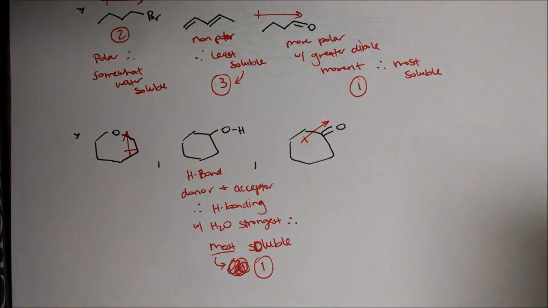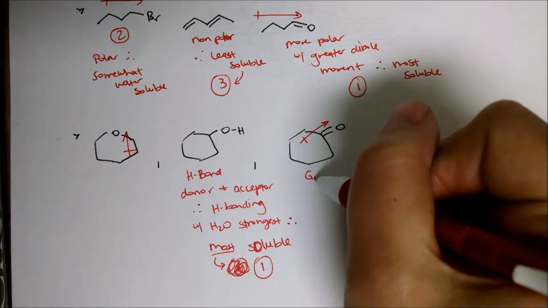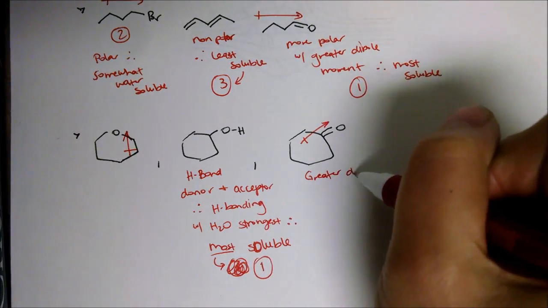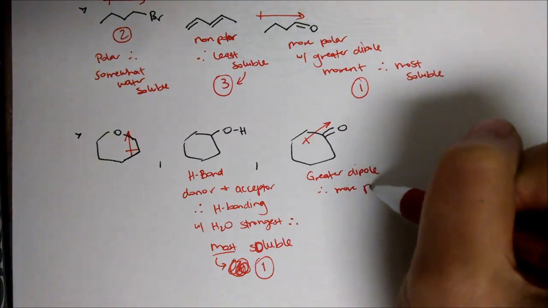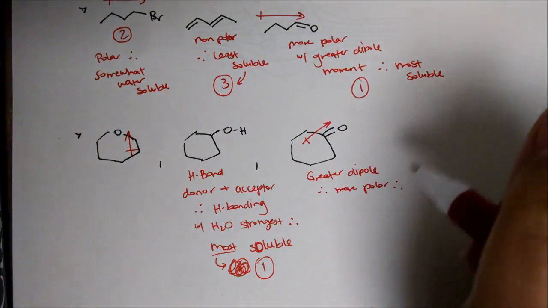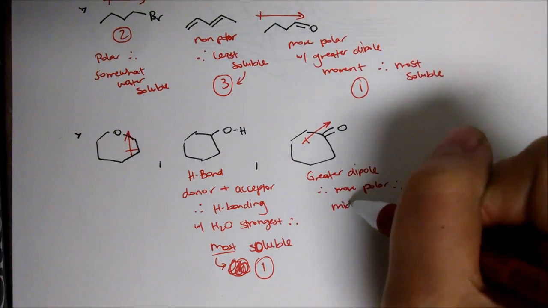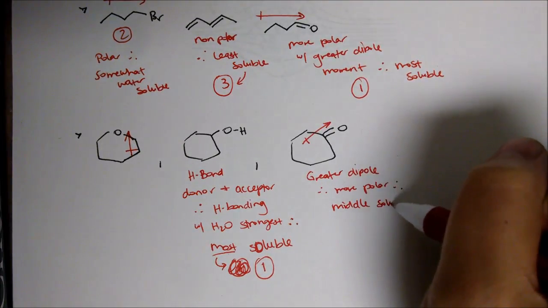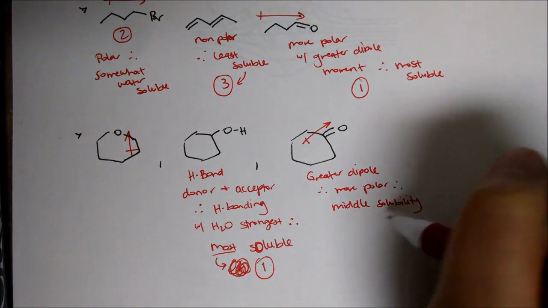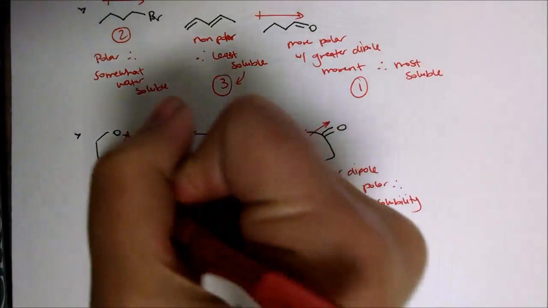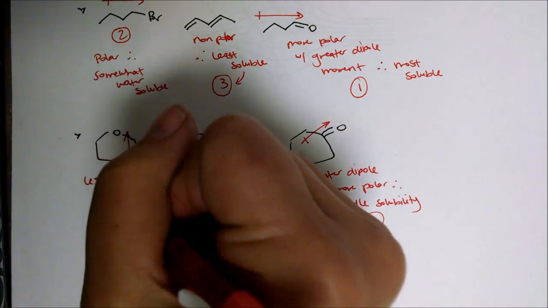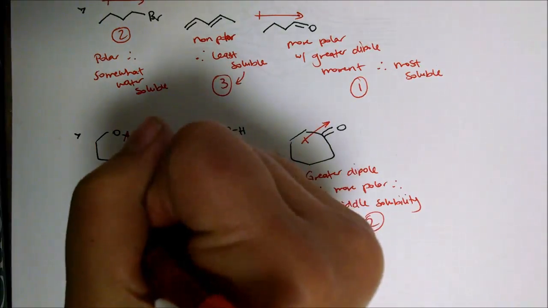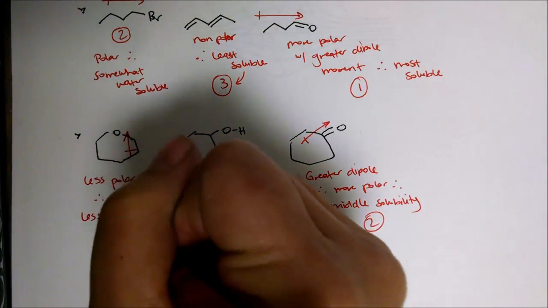Okay? So I would say here that this guy has a greater dipole, therefore more polar, therefore middle solubility. Whereas this first guy is still polar, but less polar, therefore less water soluble.